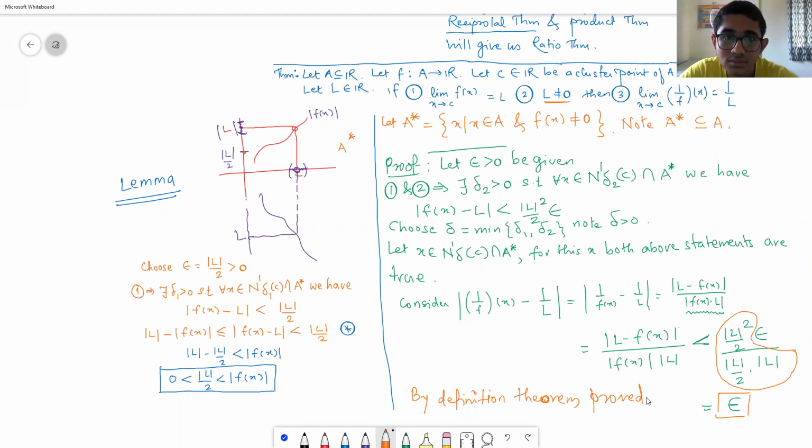Sir, he is saying that we should define another function h of x, which is a constant function. Yes, I understood. I'm just trying to check whether it is foolproof or not. Just a moment.